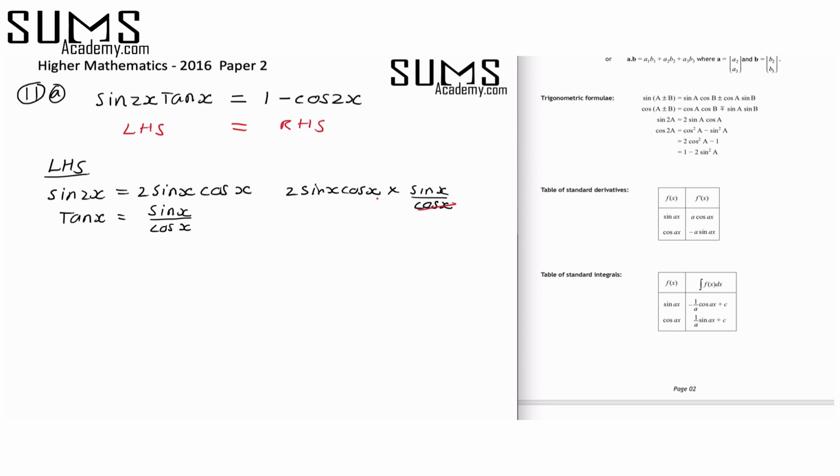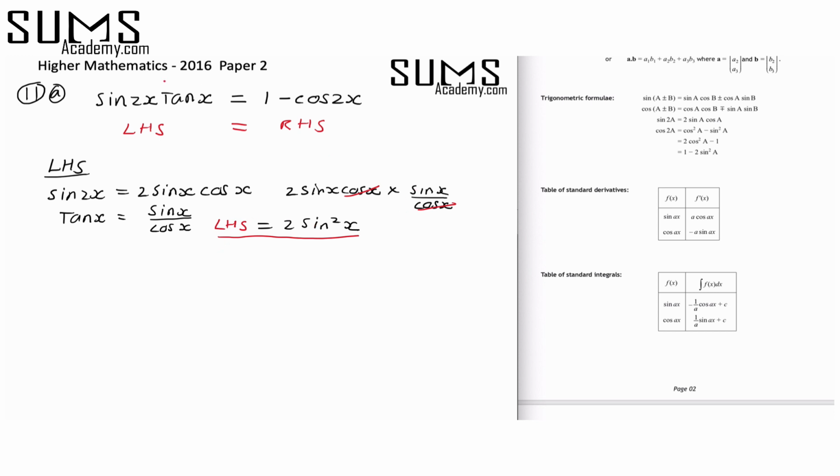First of all, these are going to cancel. We have 2 sine x times sine x, so this is just going to become 2 sine squared x. So the left-hand side is now 2 sine squared x.